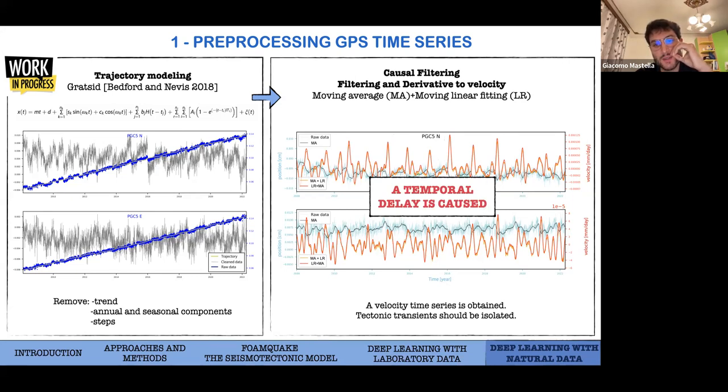which lies in the fact that when you apply a filter to a given time series, whatever time series it is, you cause a temporal delay in the signal of interest. So to remove the noise, we are applying these two different filters, and these filters cause a delay in the signal that we are trying to isolate. This becomes a problem if you would like to apply this method in real time.